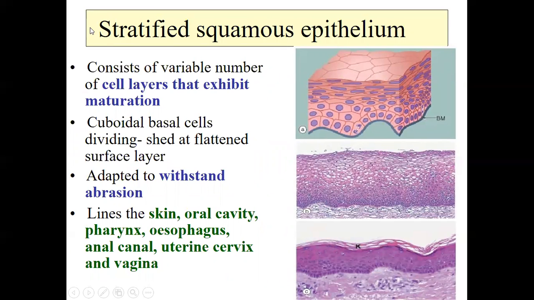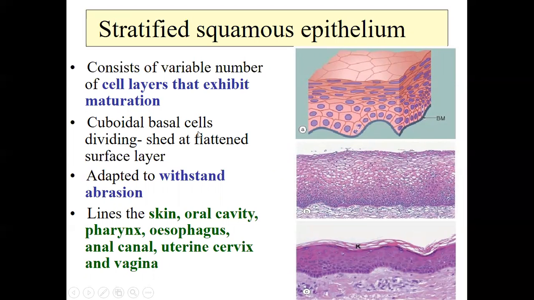Now we're going to proceed with the stratified epithelium. The first one is stratified squamous epithelium. You can see here the cell surface is a flattened shape. The stratified squamous epithelium consists of a variable number of cell layers, so they have multiple cell layers that exhibit different levels of maturation.